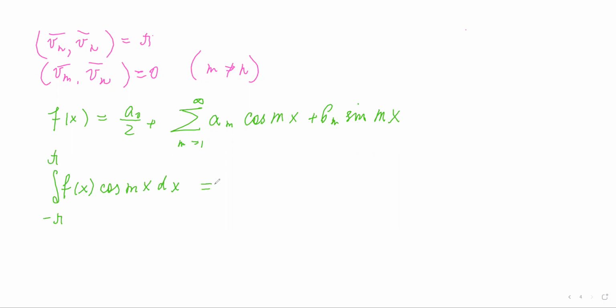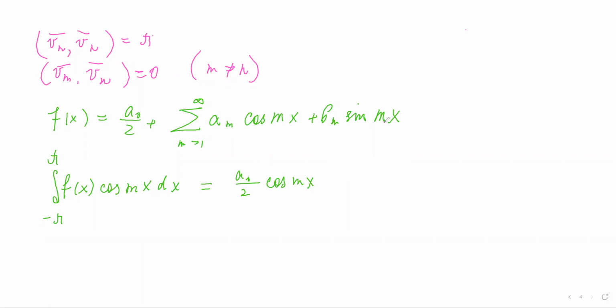dx. And on this side, well, sorry, I'm supposed to first write down the term. It's going to be a0 over 2 times cosine of mx. I should probably use a different letter instead of m here, otherwise it's not going to be clear what the difference between m and n is.